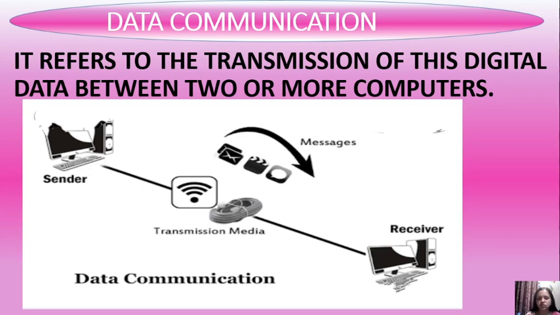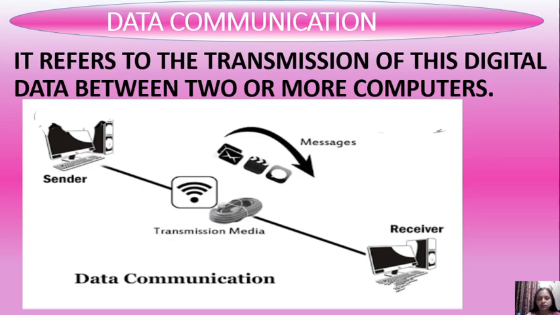Sender is the source system and receiver is the destination system, and the sender is sending some messages to the receiver. So this is data communication via transmission media. Transmission media can be a cable. Nowadays fiber optics is famous as a transmission media. So this is the complete process of data communication.